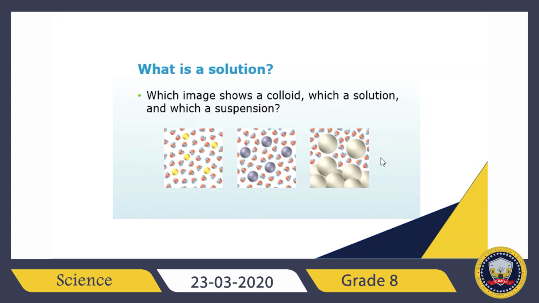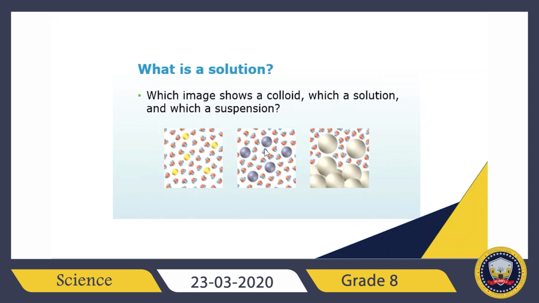What about a suspension, guys? In a suspension, as we said, we have very big particles, and these particles will block the light that passes through the suspension. So the light here will be blocked by the big particles of the suspension, and the light will be scattered by the medium-sized particles of the colloid.